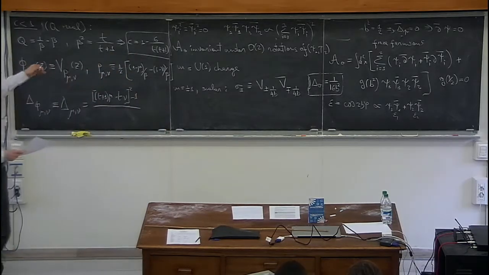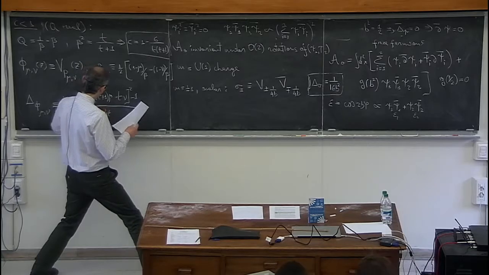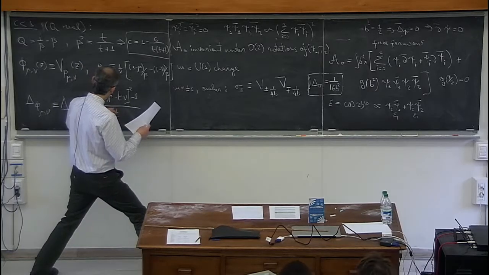This comes from the original formula that Vp has dimension p times (q minus p). So, just reparameterizing everything, you get this, and in the denominator you have 4t times (t plus 1).